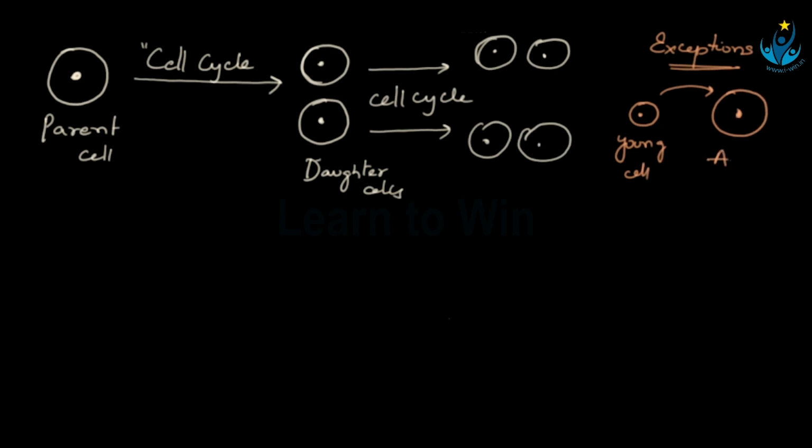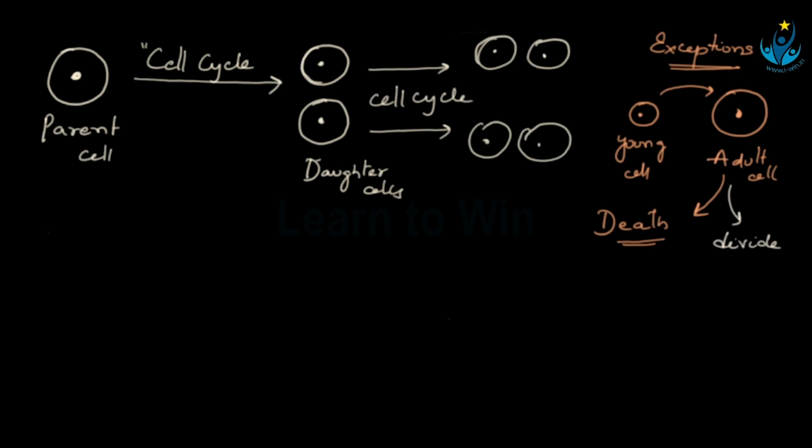It carries out its function, whatever duty is assigned to it, and finally it dies. So a few cells undergo this process, whereas a few cells, once they become adult, divide and restart the entire process. So what are these exceptions? We will see when we go further into the cell cycle.